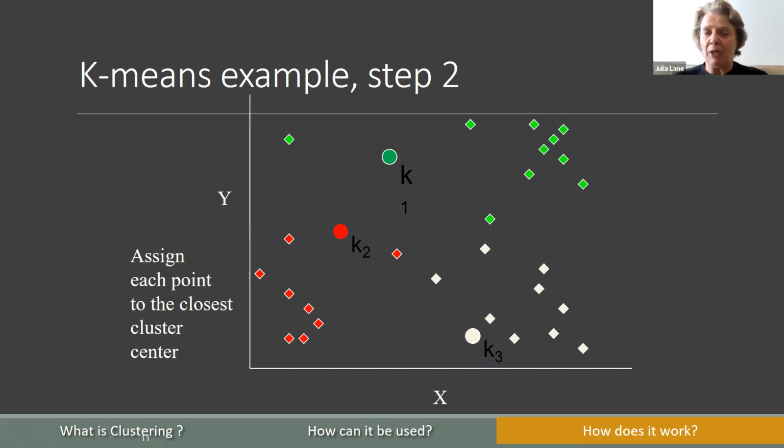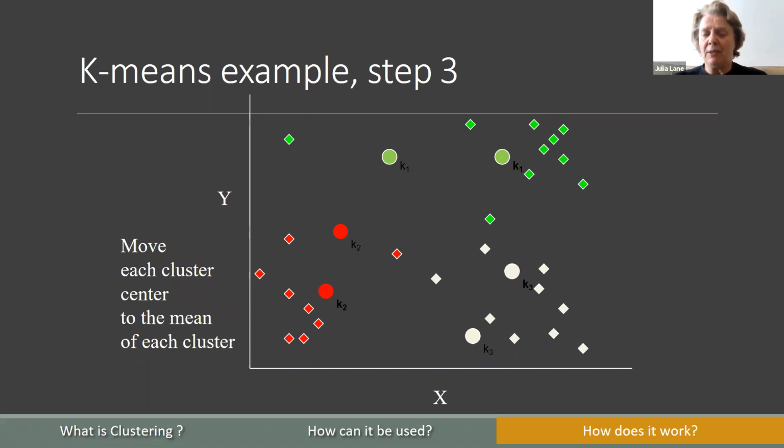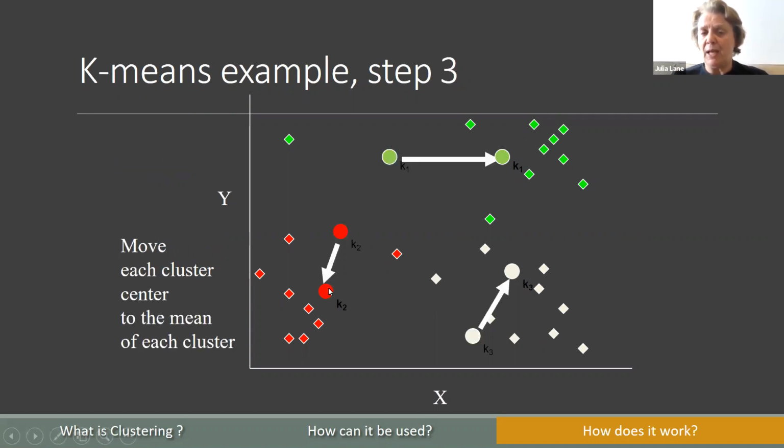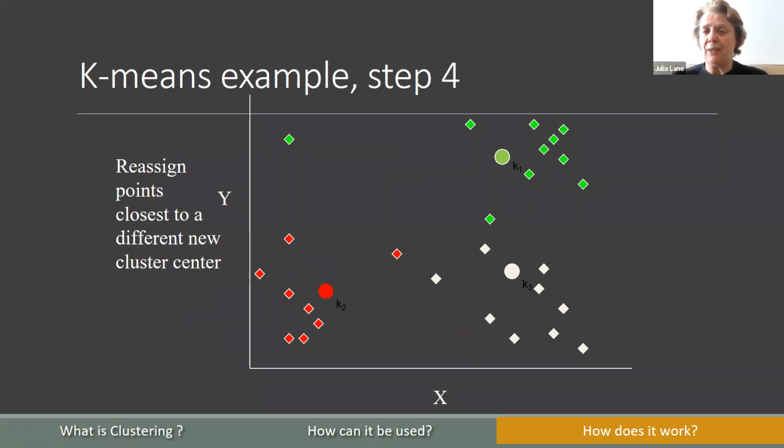Now I calculate the distance metric and move each cluster center to the mean. I move this centroid to the center of the green dots. But wait a minute, now that I moved it to the center, I'm going to orphan some of the others.